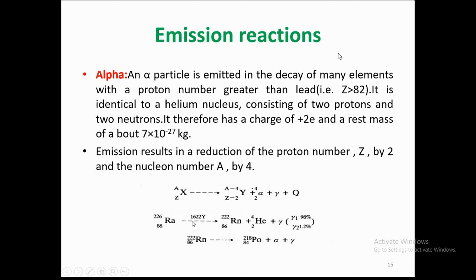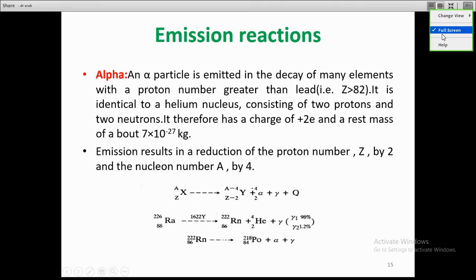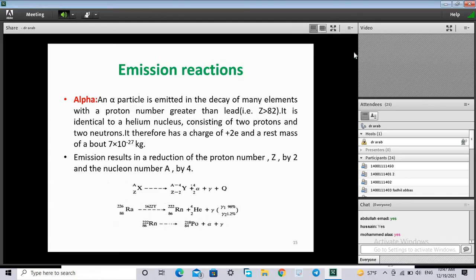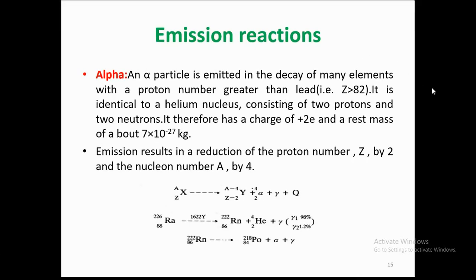Yes. And because we have an alpha particle that has 2 protons and 2 neutrons, or we can say the alpha particle's atomic mass is 4 and the proton number is 2. It is important to know in each nuclear reaction we have 3 conservation laws.